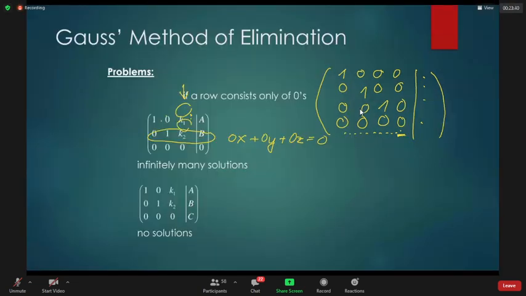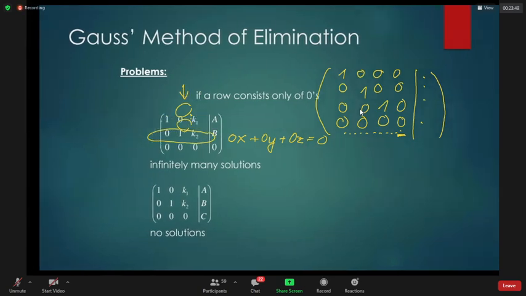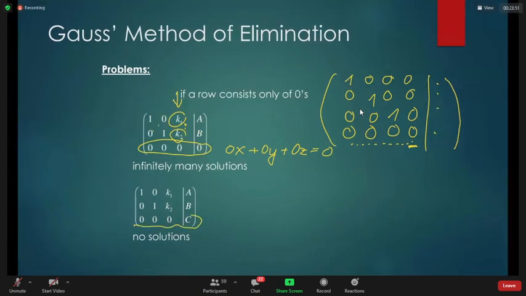So the next case. Infinitely many solutions was the first case. But now, if we do not have a zero, but if we have this kind of last row, what happens here? We have 0x plus 0y plus 0z equals some number, let's say 8, if c is 8, for example. What does this mean? This means there's a contradiction, because this is impossible.